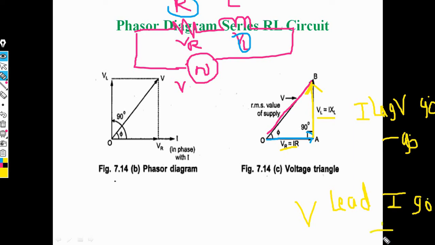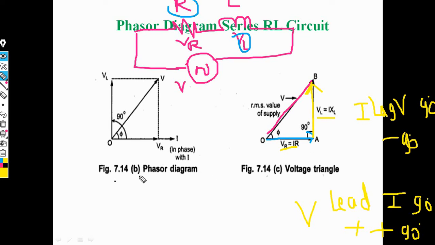It is plus 90. Now this is the concept of lagging and leading. Considering only inductance L, I lags voltage by 90 degree, and lag means minus. And voltage leads current by 90, and lead means plus. Now this is the concept of series RL circuit.